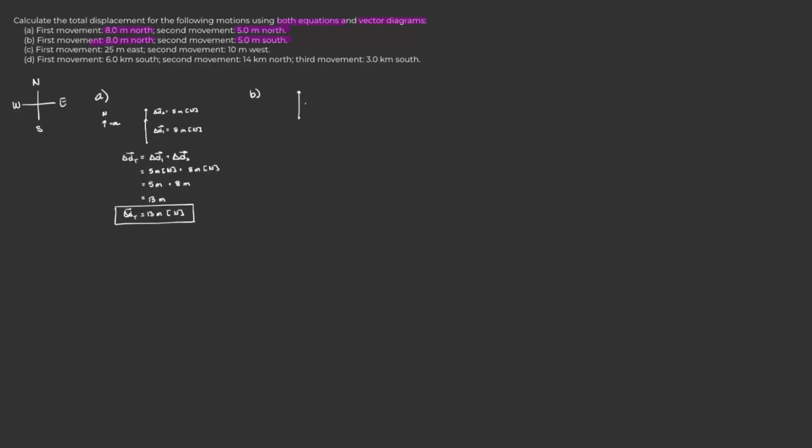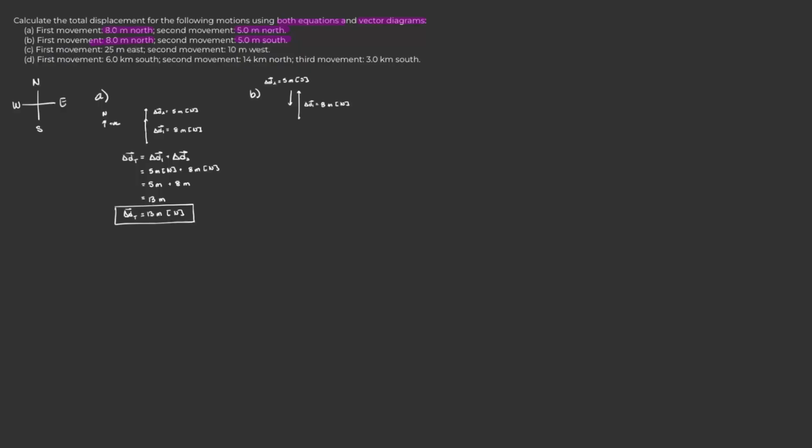The first displacement is 8 meters towards the north. And then we're traveling back down about 5 meters towards the south. So our displacement 2 is equal to 5 meters in the south direction.